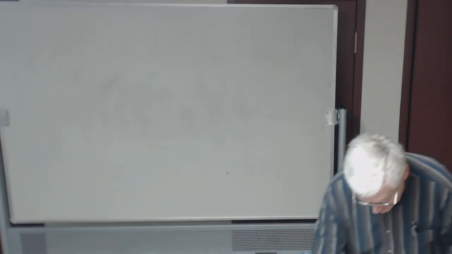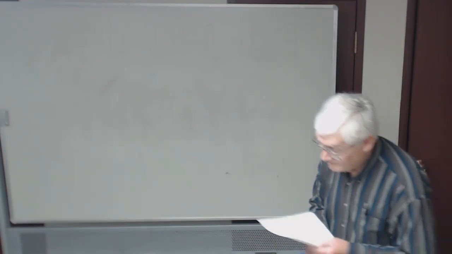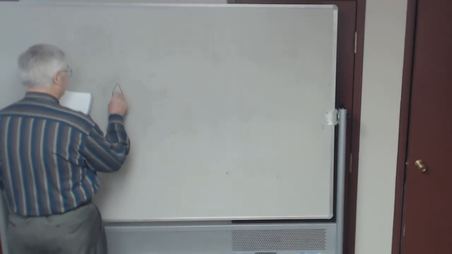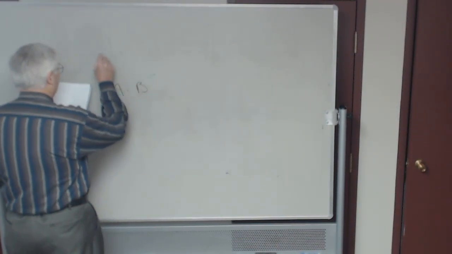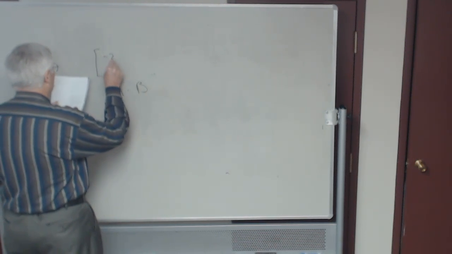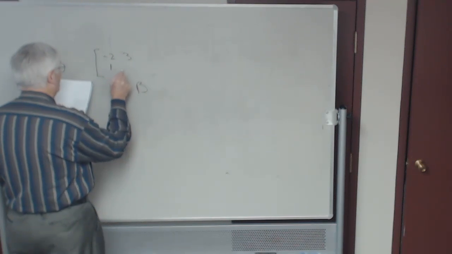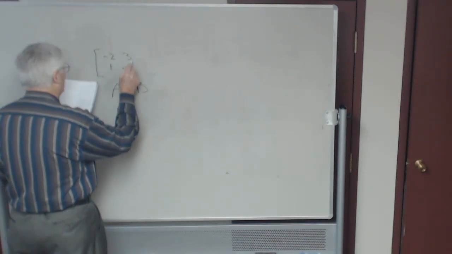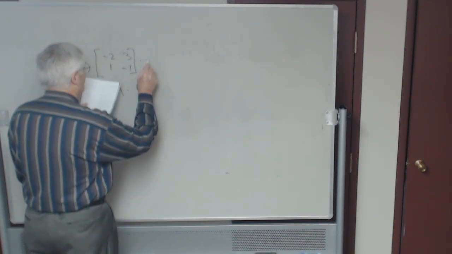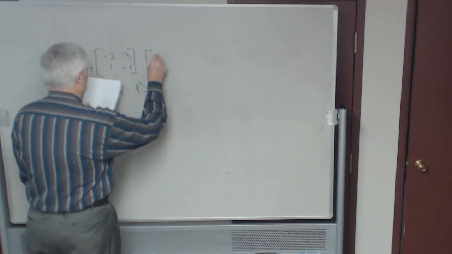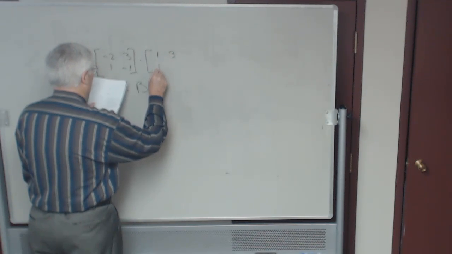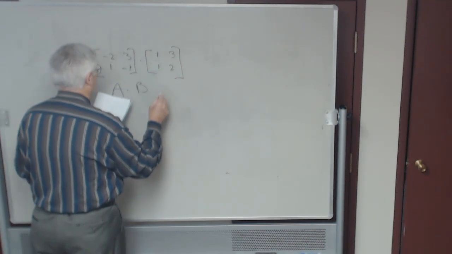Okay, but see, we could do 24 on our own. It wants to know A times B, and A is negative 2 and 3, 1 and negative 1, times B, 1 and 3, and 1 and 2.